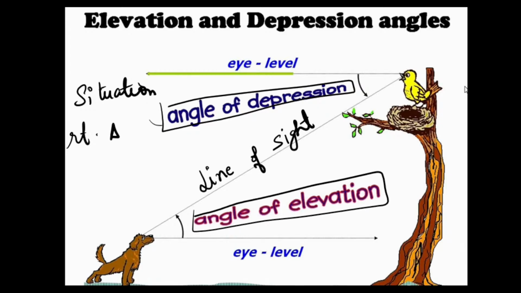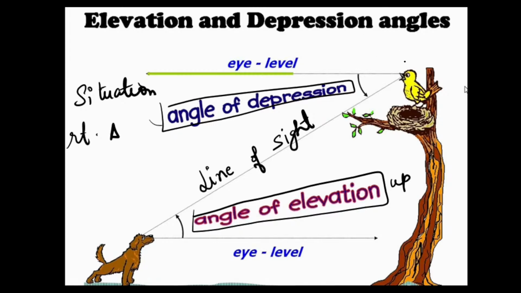If someone is looking up, as elevation says up, that means the angle between the line of sight and the horizontal line. The horizontal line is that line where eye level will be there. So here clearly it is shown. I hope you are able to understand. So the angle between eye level and the line of sight is the angle of elevation when someone is looking up.